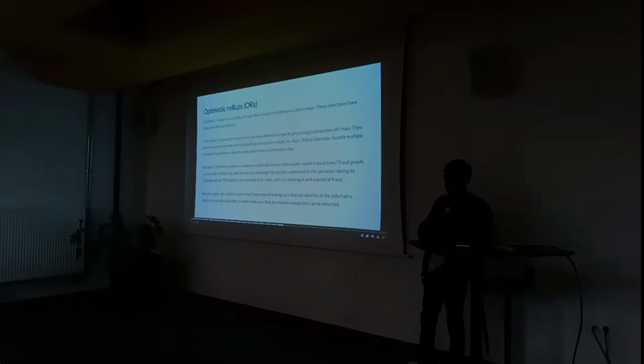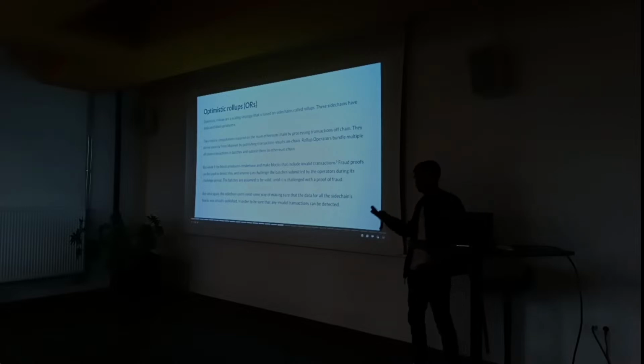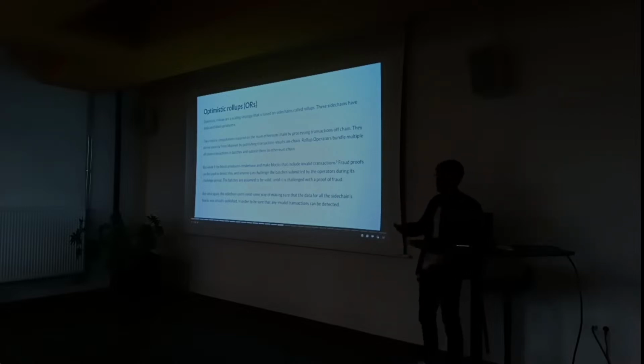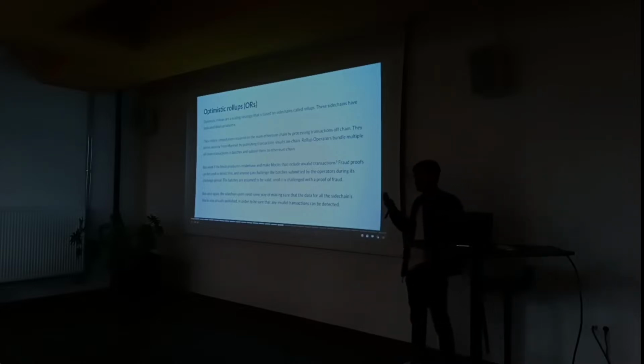Which is why they require a time period, called a fraud proof time window, which for Optimism, for example, is 7 days. You cannot withdraw until those 7 days have passed, because you are relying on the security assumption that within those 7 days, if a state transition were invalid, someone would submit a fraud proof and revert that state transition. And here we again have the question of data availability.